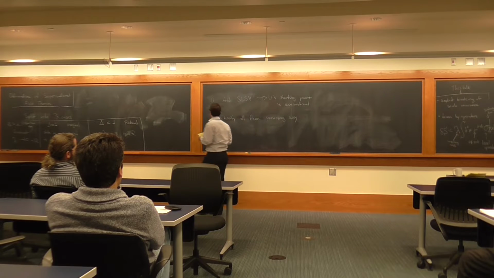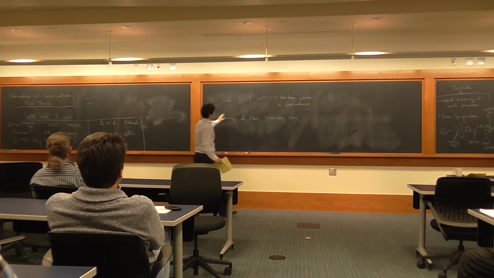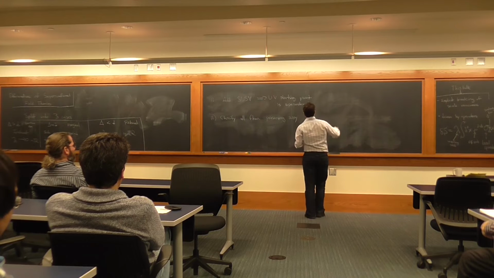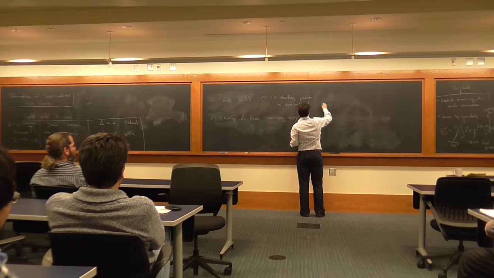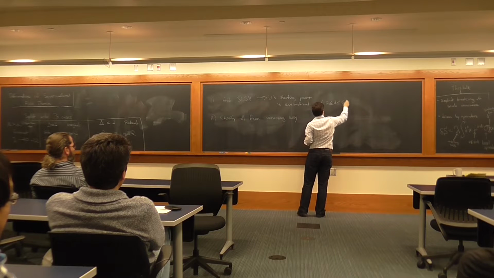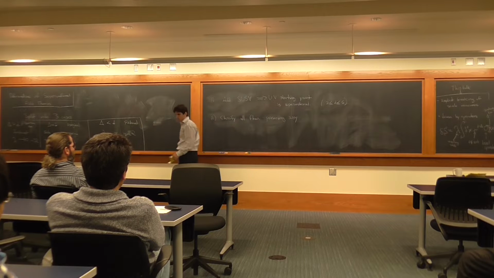So let me comment a little bit on this idea. First of all, saying you want to start with a superconformal field theory means that the range of dimensions of interest is bounded. So they're not superconformal field theories in arbitrarily high dimensions.